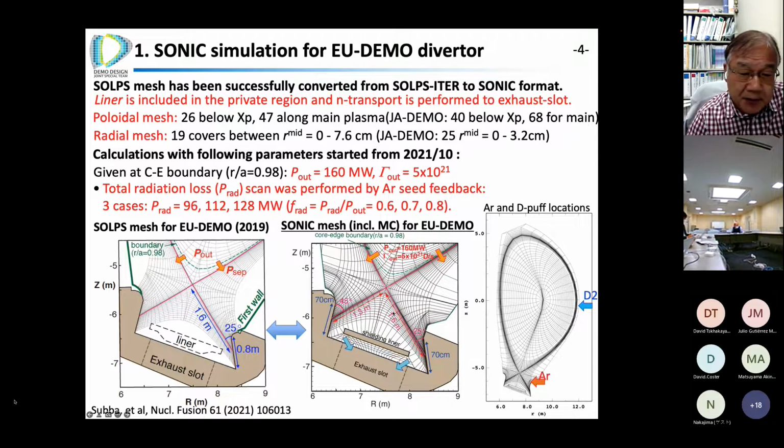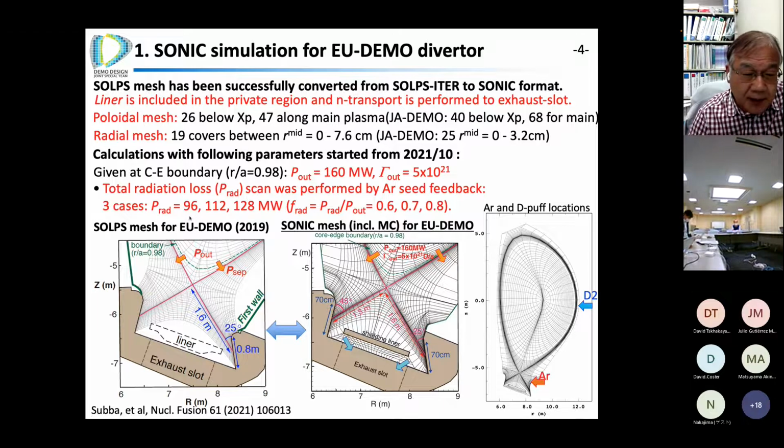In these situations, we scan the radiation power in the edge, source and divertors. In the SONIC case, we puffed argon and fixed the given values, these three. In one case, for example, we feed back the argon puffing rate, and then a converged solution of the total radiation power is obtained.